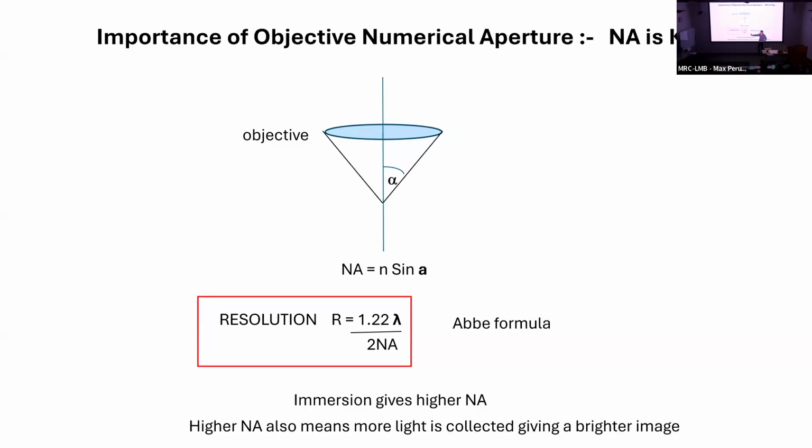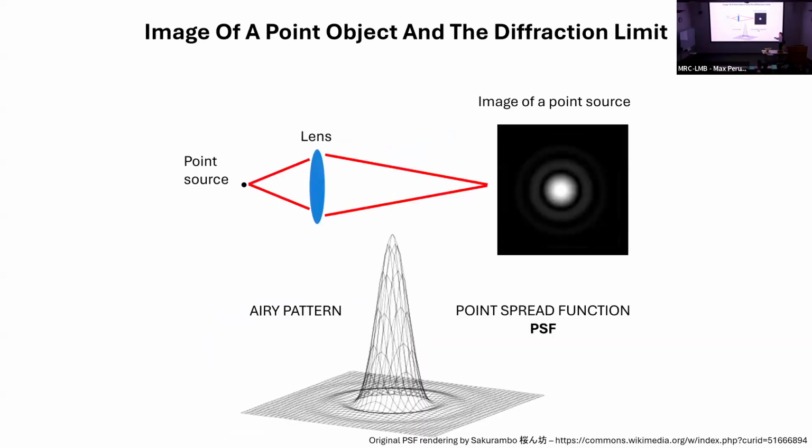So this is what sets us apart from EM, for example, where their lambda is tiny. So their resolution is tiny. Their NAs are very, very small, in fact. And the other point is the refractive index can modify that. So if we use an immersion media, 1.5 oil, that number gets bigger. So what's going on? If we have a point source, we put it through an aperture, in this case a lens, but just consider it an aperture, we get a diffraction pattern at the end of it.